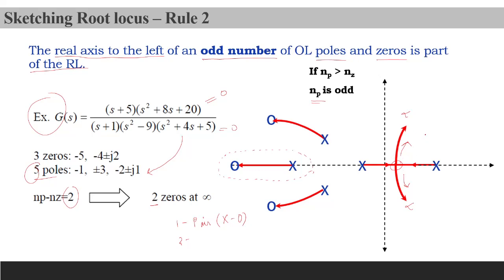We call this point the breakaway point, and we can find this breakaway point independently as well as with reference to the centroid. So what is the centroid for? This is basically the centroid for asymptotes. We'll discuss what asymptotes are and why we are using them.